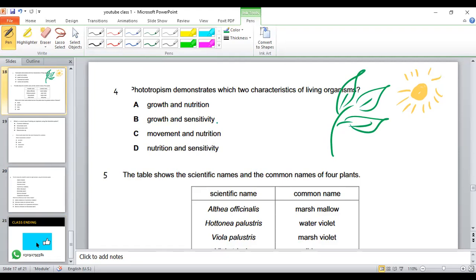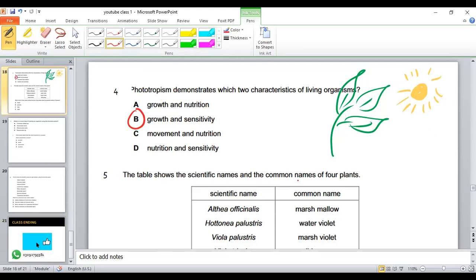Growth and nutrition, growth and sensitivity, movement and nutrition, nutrition and sensitivity. First of all, it is sensitivity, because the plant is feeling that light is coming from one direction. And secondly, it is growth, because it will show a growth pattern towards the light. So it is growth and sensitivity. Option is B.